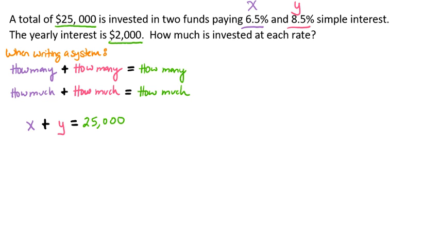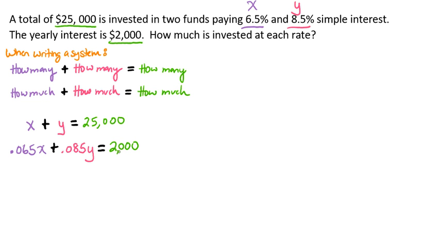We do know the interest rates are 6.5%, so we have 0.065 of our x, and if we add that to 0.085 of our y, and total that amount of money, we're going to have $2,000.